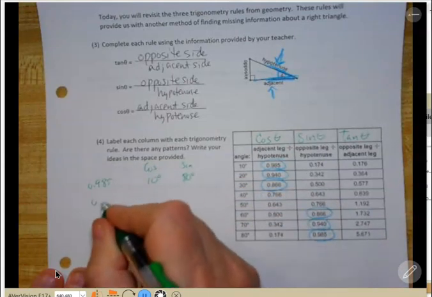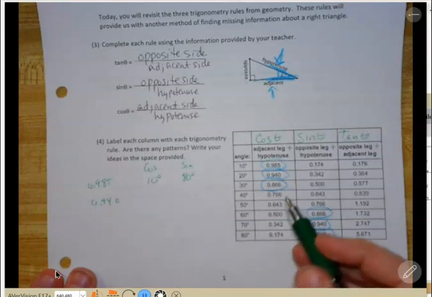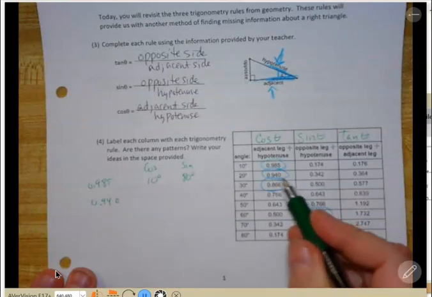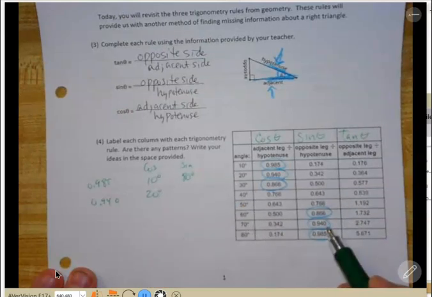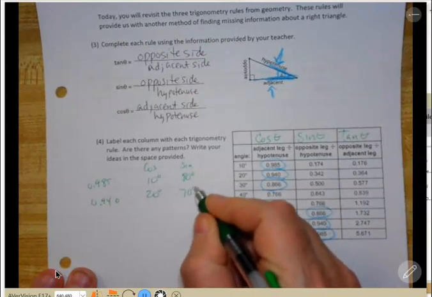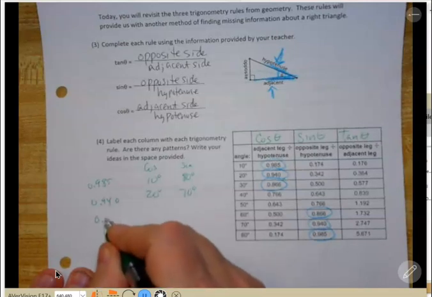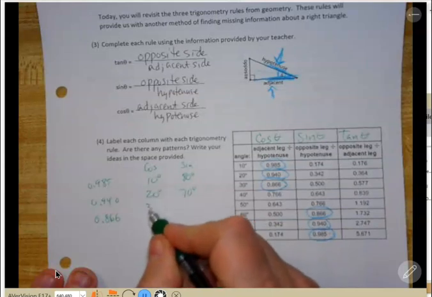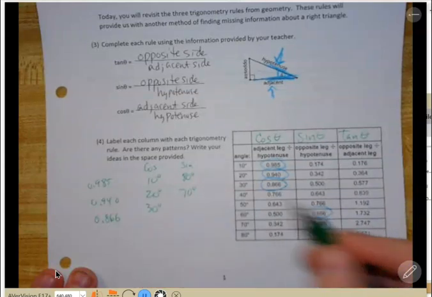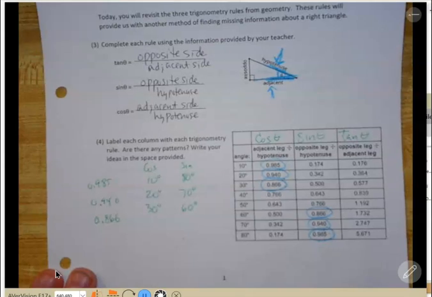For the 0.940, for the cosine, it showed up at 20 degrees. For the sine, it showed up at 70 degrees. For the 0.866, it showed up at 30 degrees for cosine. And for the sine, it showed up at 60 degrees.